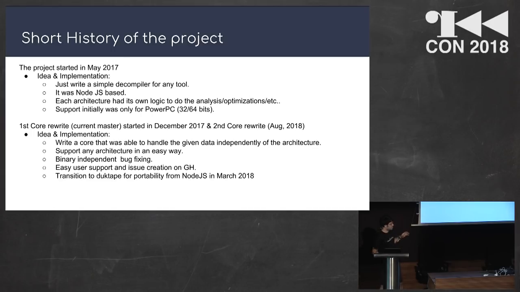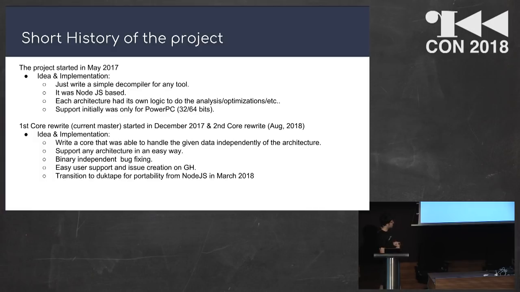And I decided to take the approach in a different way. What I wanted was something completely independent from the data that I had. I wanted to be able to add a new architecture in an easy way without stressing too much on how the analysis loop works and other particular points that you might have to implement during the implementation of the new architecture.